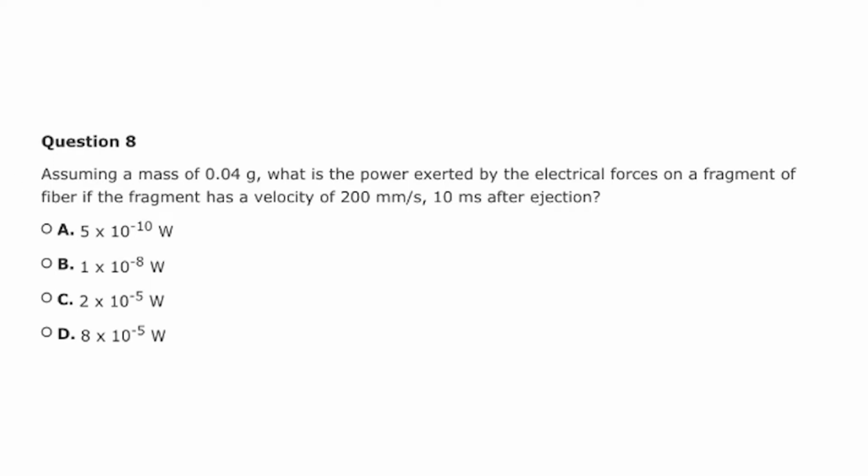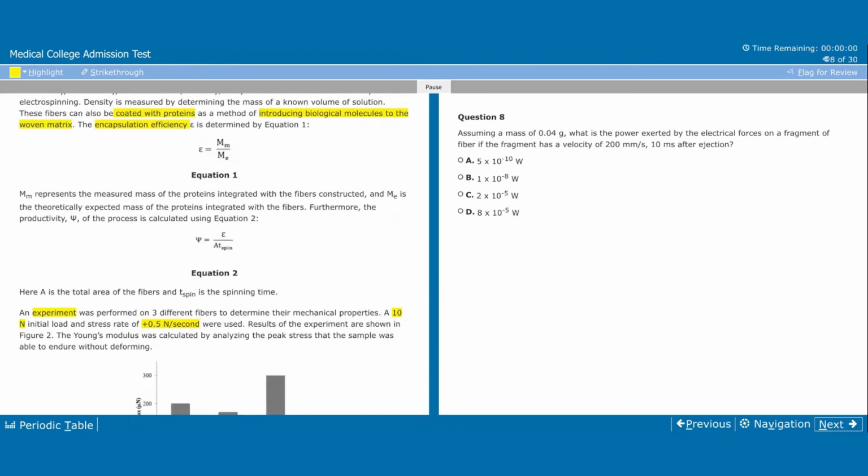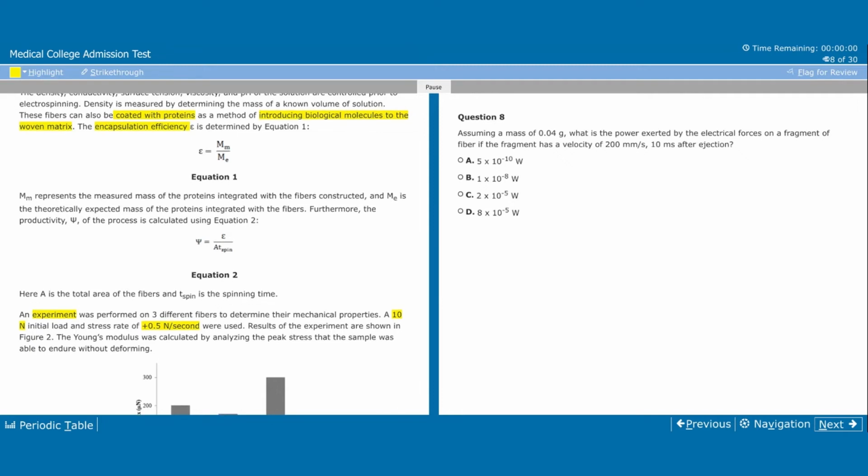The fragment is moving at a certain velocity after ejection. Remember that things have energy if they're moving at a velocity. They have kinetic energy. If we then say it gained that energy over that 10 milliseconds, then the electrical forces are exerting an amount of energy in a window of time, which means we can calculate the power from that.